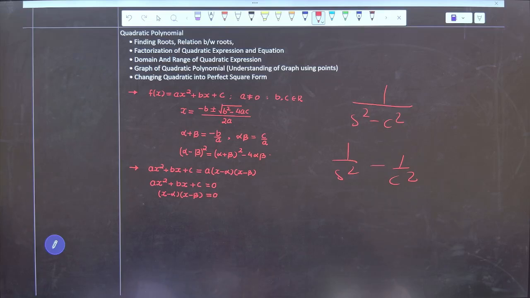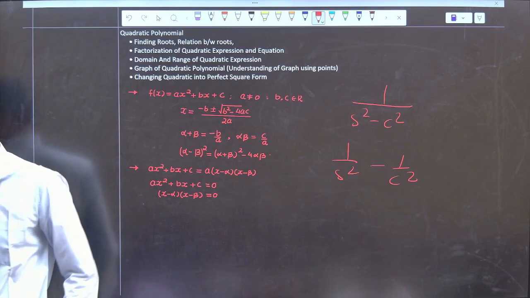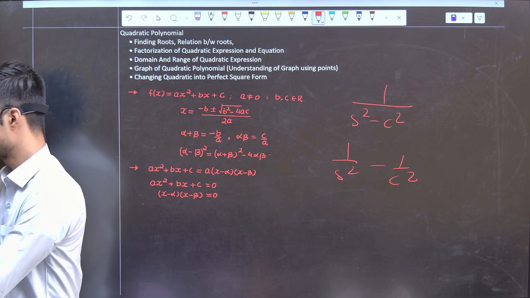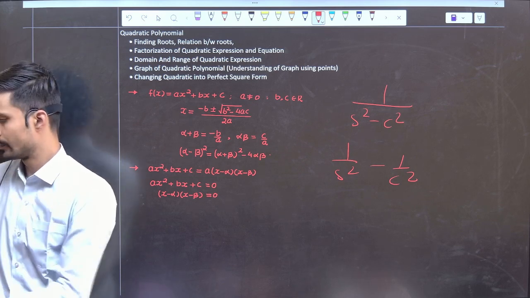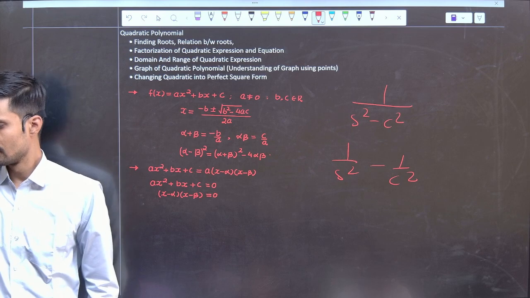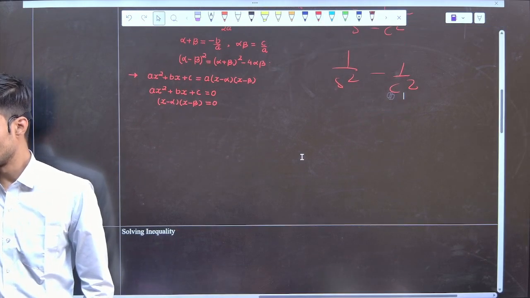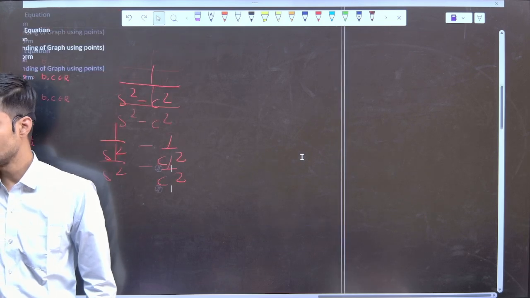Okay, so what we are doing, we are finding the range of sin square theta plus cos square theta upon... So I'm going to write that question somewhere.